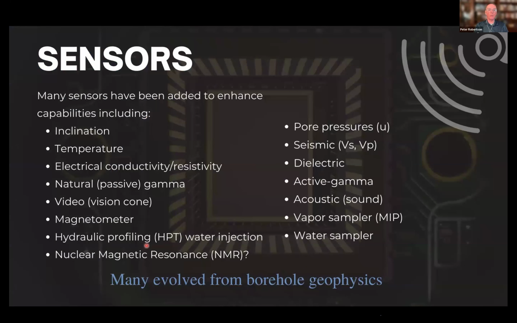In terms of sensors, over the last 50 years, lots of sensors have been added. The first one was a simple inclinometer. That was so that you could check if the cone was remaining vertical while you pushed it. Because you may start off vertical, but the cone will have a tendency to drift slightly off of vertical. And a lot of systems will measure that drift, and they'll often have a warning if you get over more than 5 or 6 degrees, that the inclination is beginning to pick up a little bit.